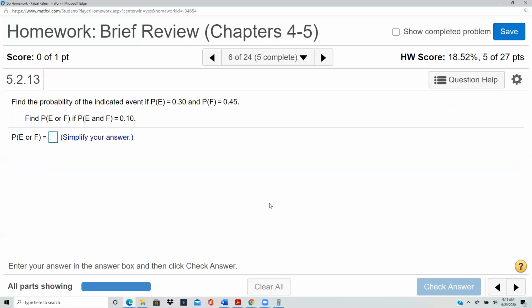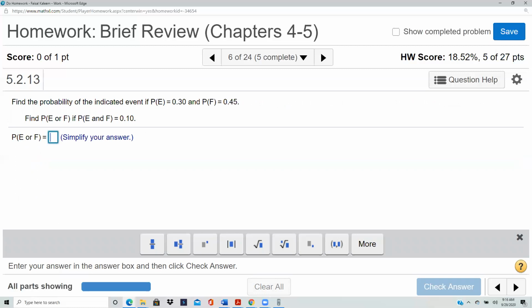So now this is your E or F formula. Tell me, what's the formula for E or F? It would be P, open parentheses, E or F, close parentheses, equals. Say from the beginning.